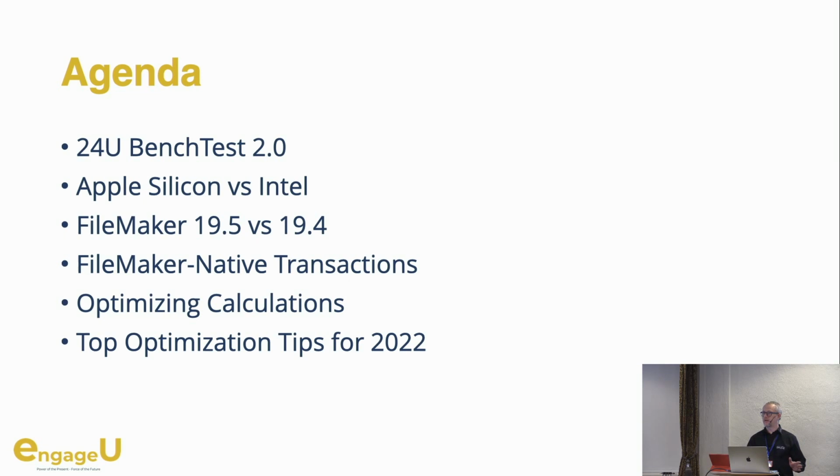I'm going to take a performance angle of view on transactions. And a little bit about optimizing calculations as well. Even though calculations may seem something very small, very tiny, it still may make sense to make them run faster because they're everywhere in FileMaker.